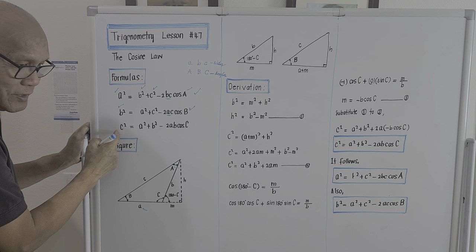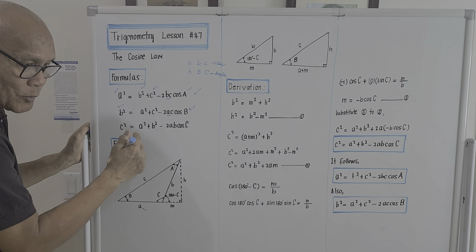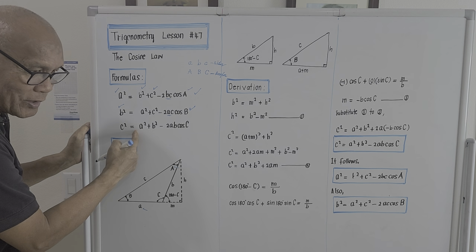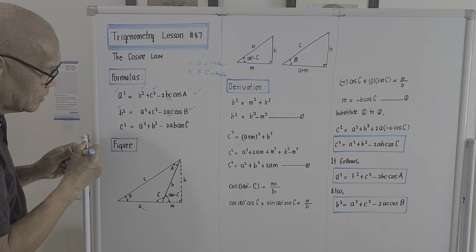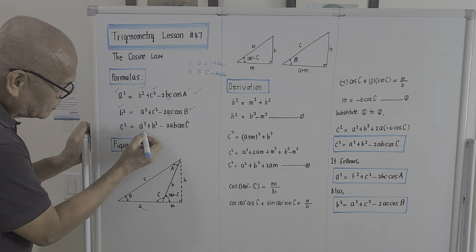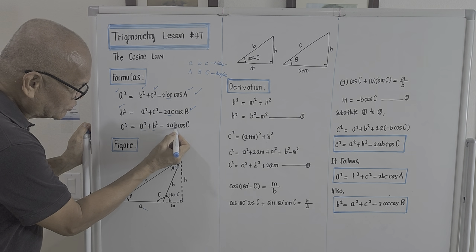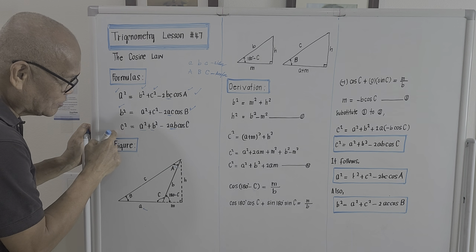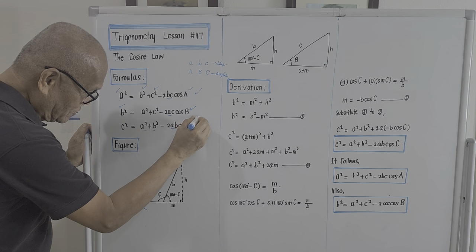So if the left hand side is C square, of course the right hand side should be in terms of A and B. So this will be A square plus B square, right? Since this is A and B, this is 2AB. Okay, and since this is side C, this should be angle C.